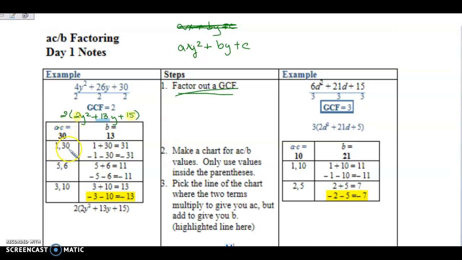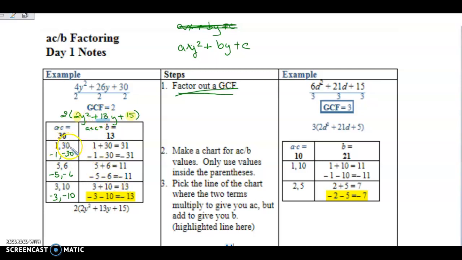So I know I can do positive 1, positive 30. I could also use negative 1, negative 30, because that would give me a positive 30. And then 5 and 6, or negative 5 and negative 6. And then I can also use positive 3, positive 10, or negative 3, negative 10. And then I want to add them together to equal B. So the factors should add up to what B is, and B up here is 13.